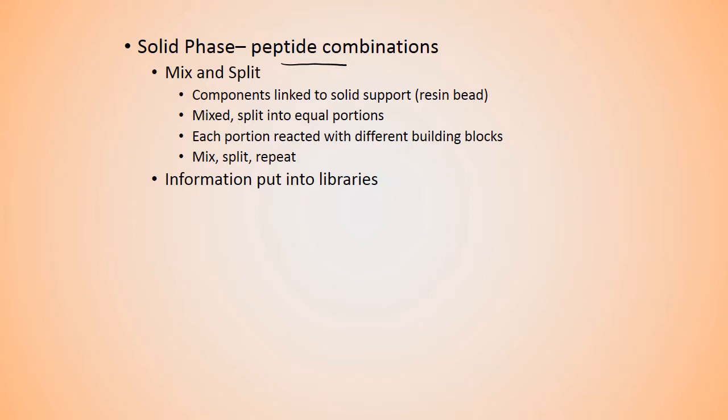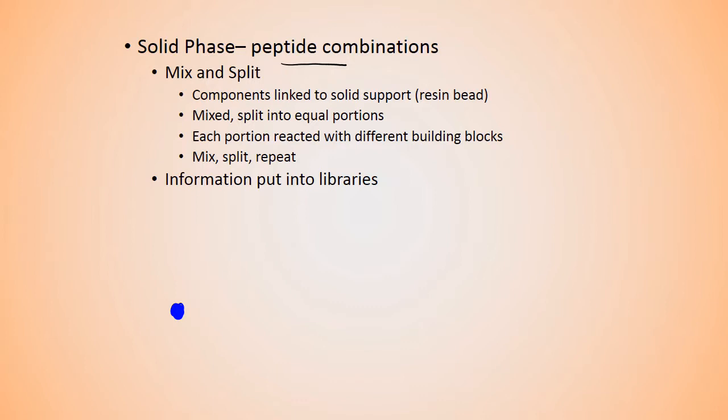So to kind of give you an idea of what this is, the solid phase uses a resin in which the amino acids are going to be attracted to in order to start to build upon each other. So to kind of give you an idea of what this looks like is we have our resin bead.